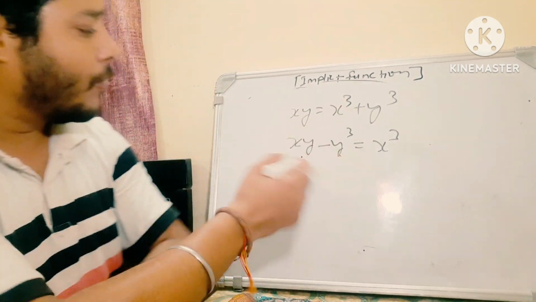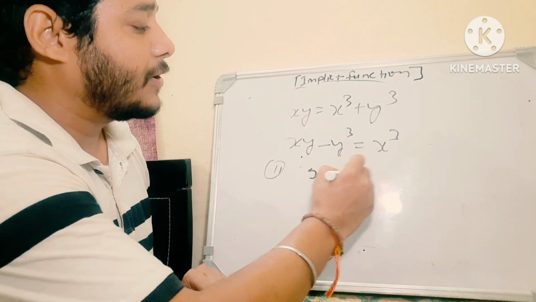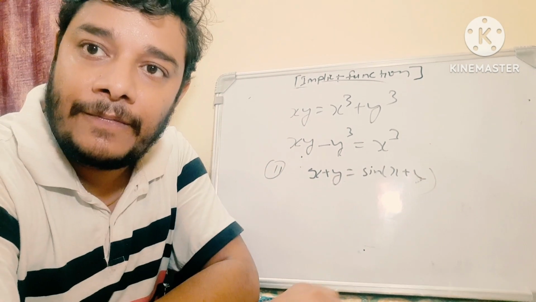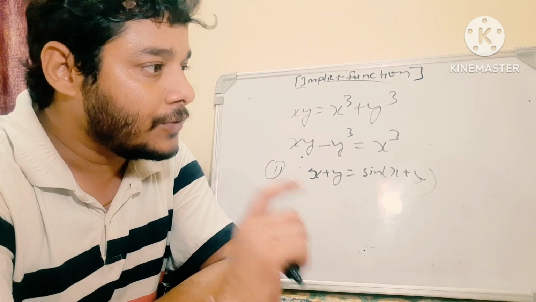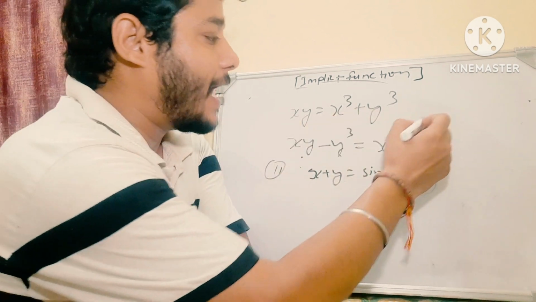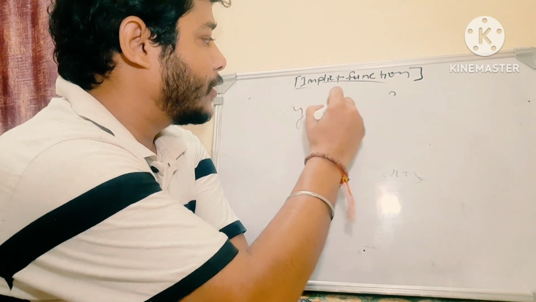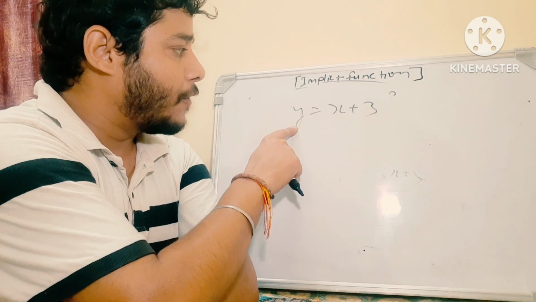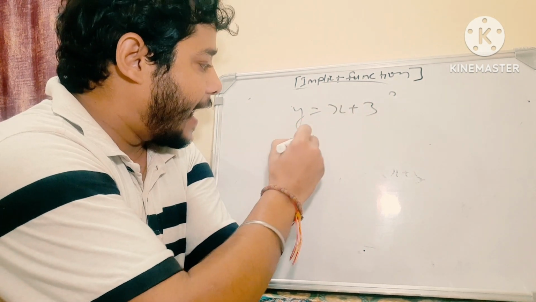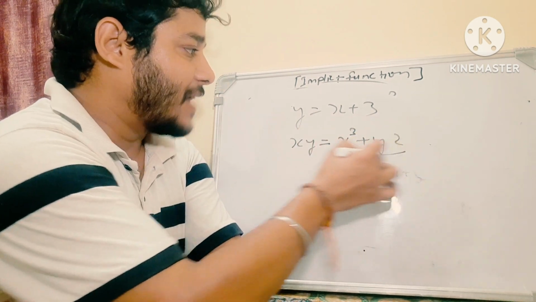Hope you understood. One more example I'm giving you. Suppose I'm writing x plus y is equal to sine of x plus y. Can you find the value of y in terms of x? Not possible. So for an implicit function, you can't separate one variable from the other like that. Suppose I'm writing y is equal to x plus 3. Yes, the value of y is in terms of one variable, here x plus 3, but xy is equal to x square plus y square is not possible.